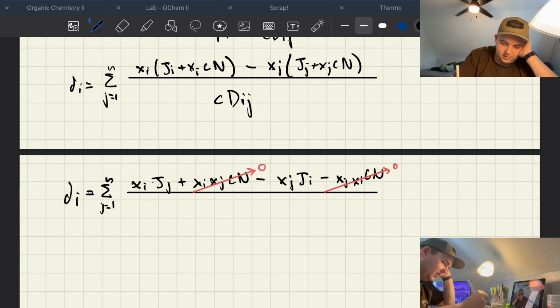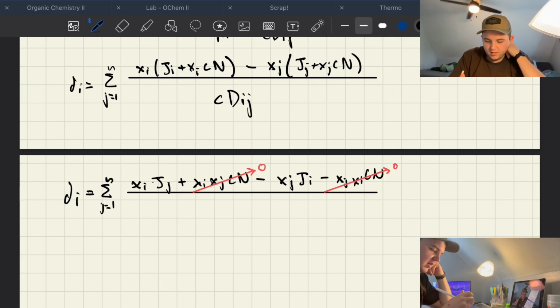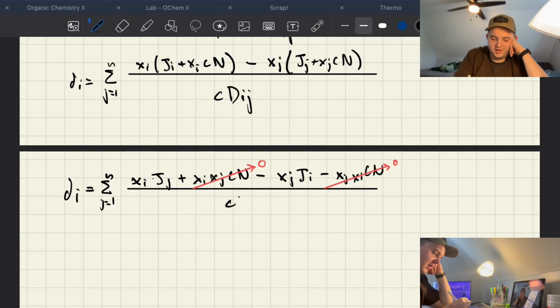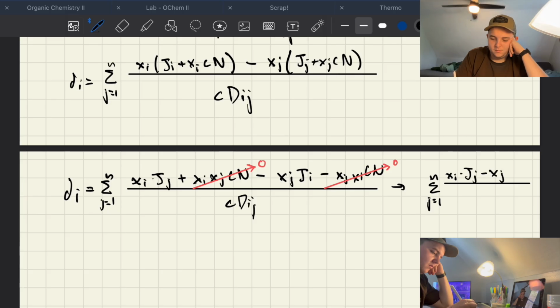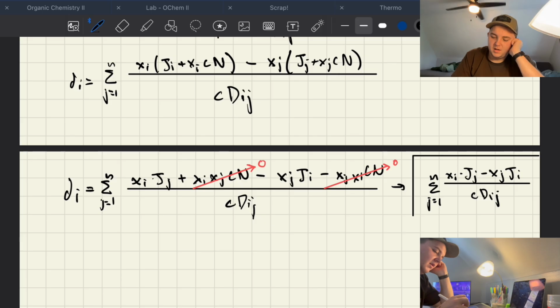Not that I really need to write 0, but we'll go to zeros, and then, oops, sorry, I forgot our denominator, which stays. So we're going to be left with, so this is our value that we're left with, so I'll box this up.